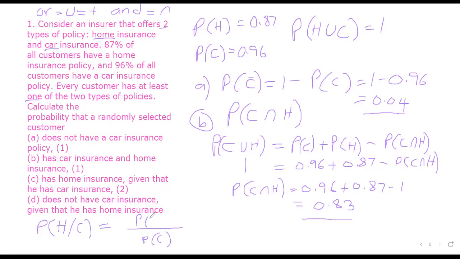The probability of the intersection H intersection C. It's the same as C intersection H, like I said. So what do we get?